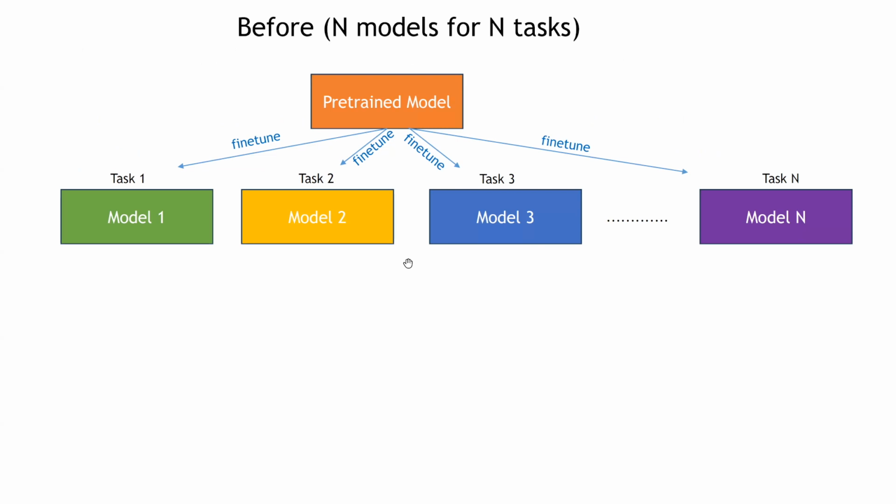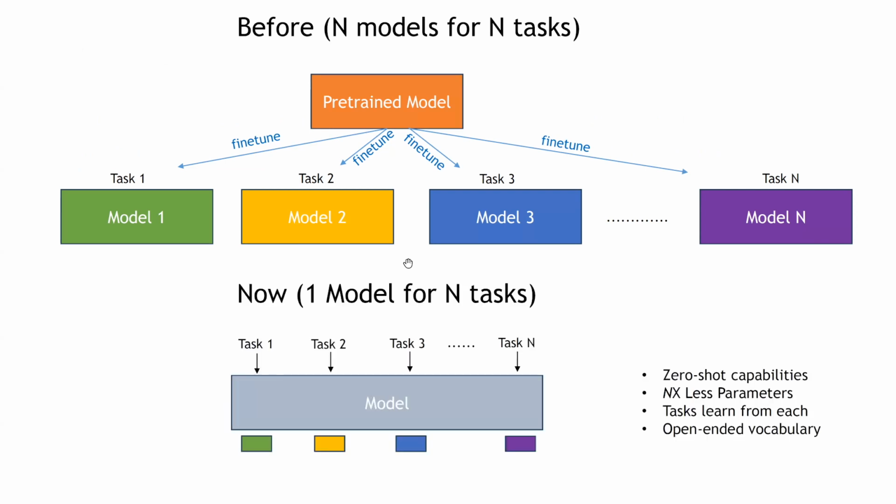But now what we're really shifting to in vision language research is a single model for all tasks. So you have one model which performs all the n tasks simultaneously. And this has, of course, lots of advantages. For example, you can have zero-shot capabilities. You have n times fewer parameters because you're performing n tasks in one single model. Also, the tasks are very similar, so they can actually learn from each other.